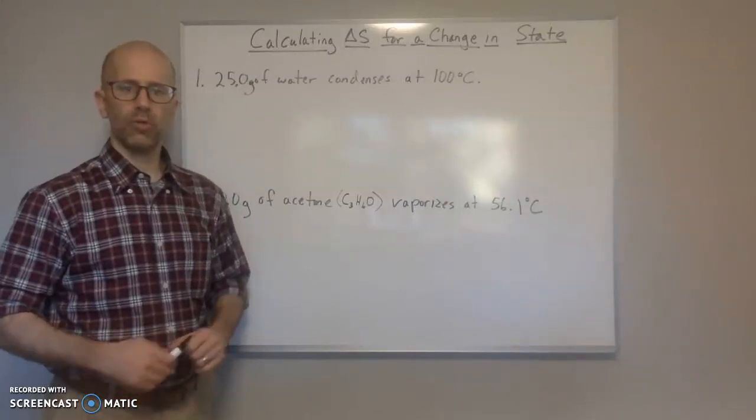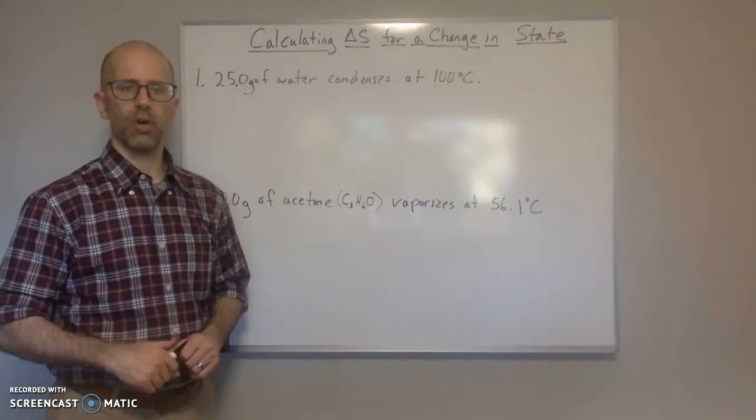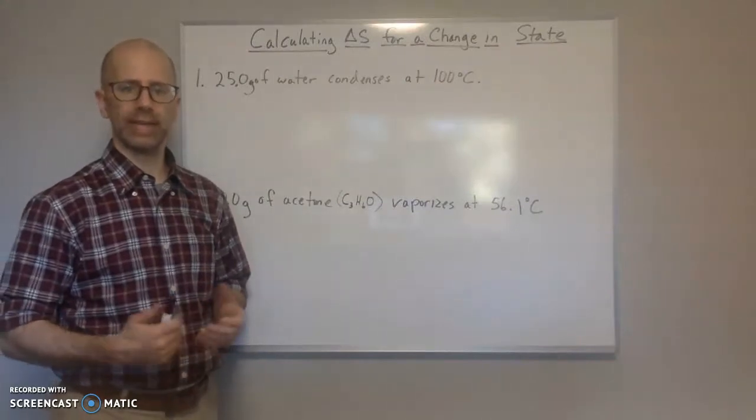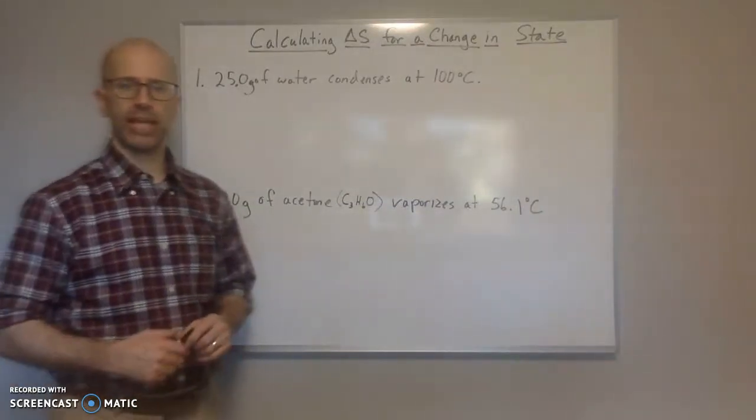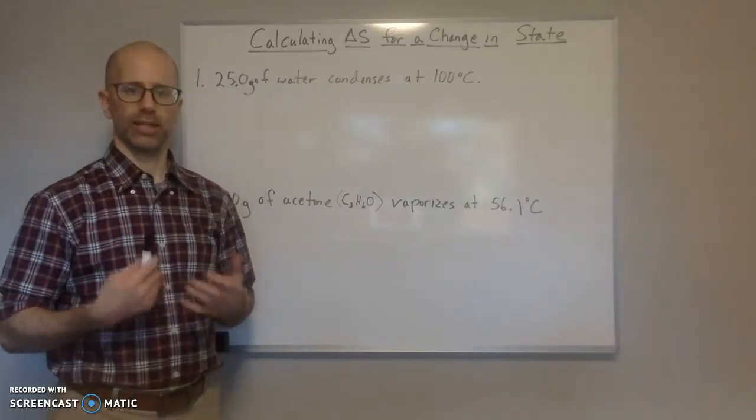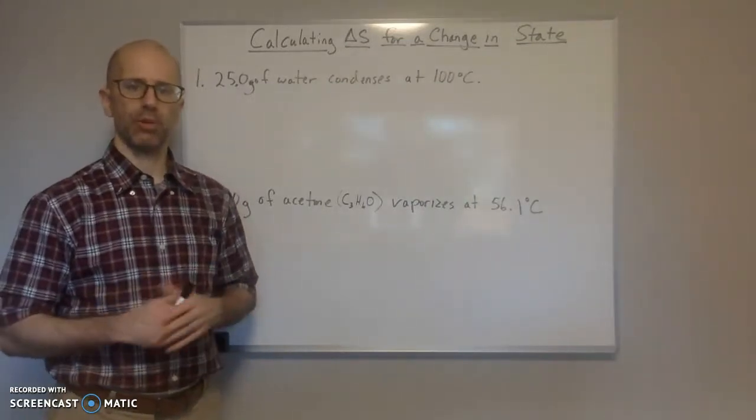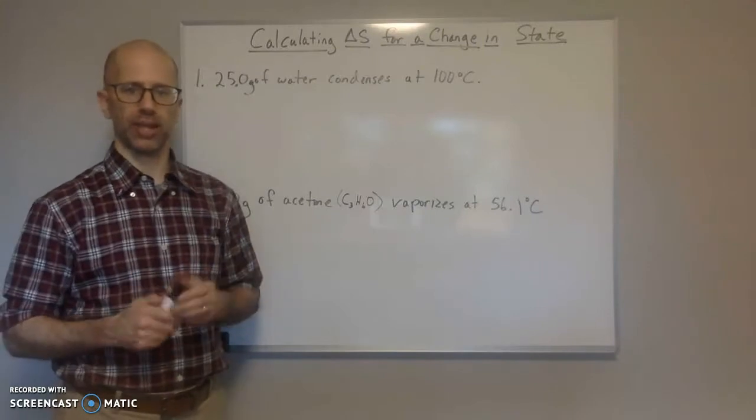My name is Mr. Cobalt, and in this video I'm going to go over how to calculate the delta S of a change in state. So delta S is the change in entropy. How do we calculate that for a change in state?